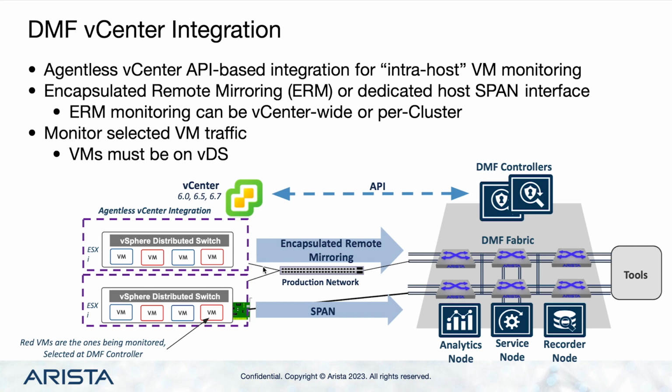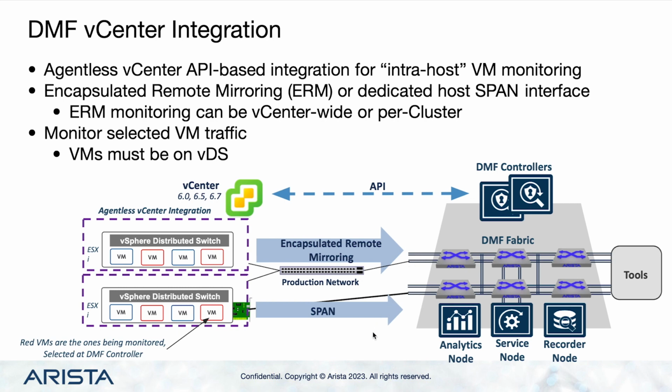Those are going to be IP packets that will travel across your existing production network and into a physical interface into the DMF fabric. That physical interface just has an IP address associated to it and is the tunnel endpoint or target endpoint.